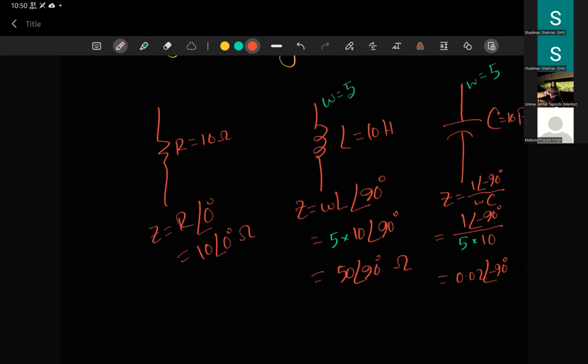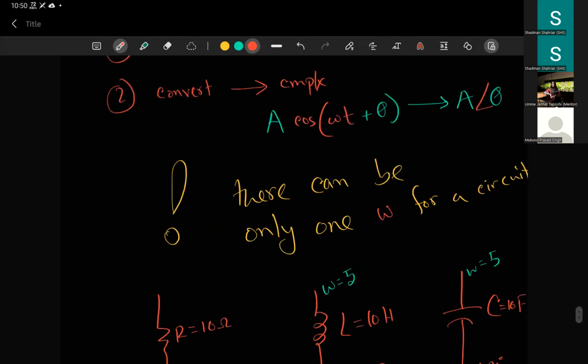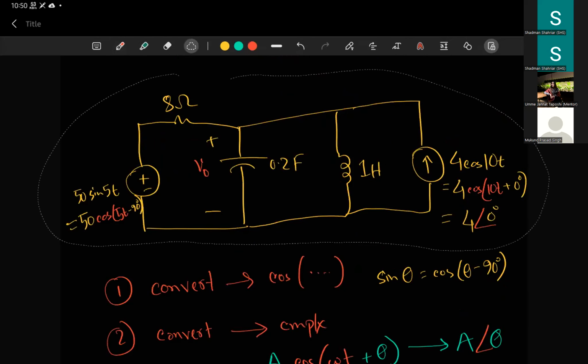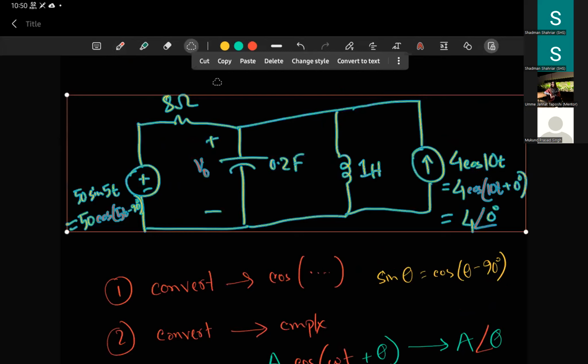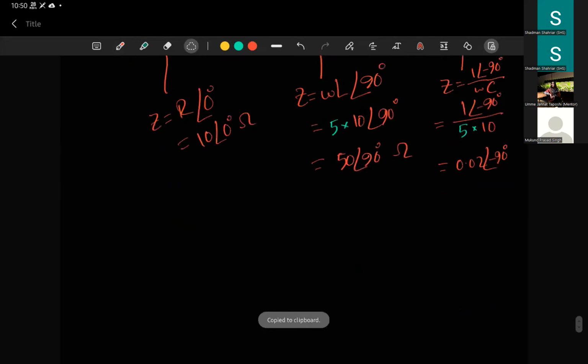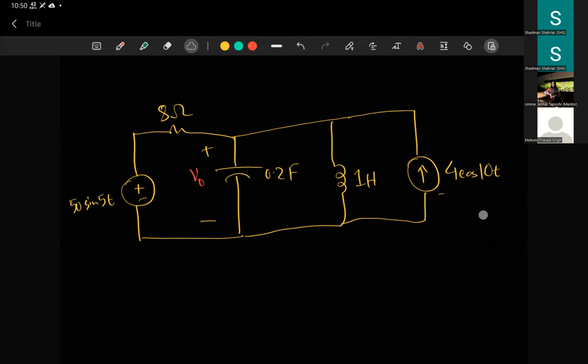Okay. Now, let's try to solve this problem from top to bottom. I'm going to solve this problem, and you will probably have similar types of problems, so pay attention to how you solve it. The first step is to see, do you have different omega here? You have 10 here and you have 5 here.